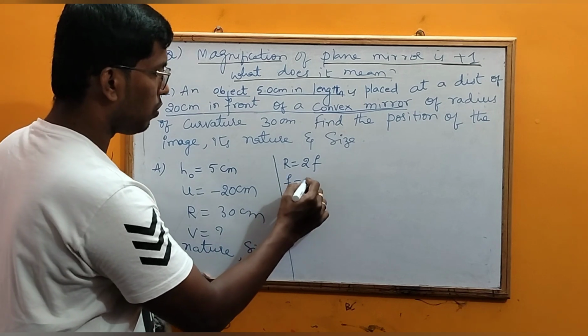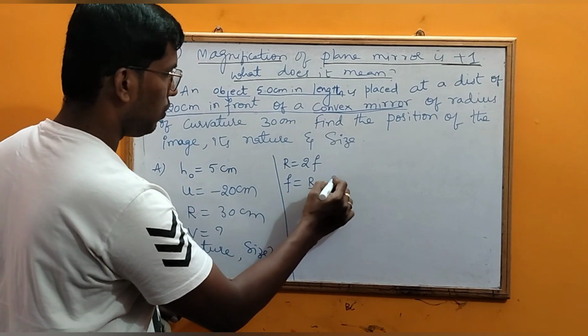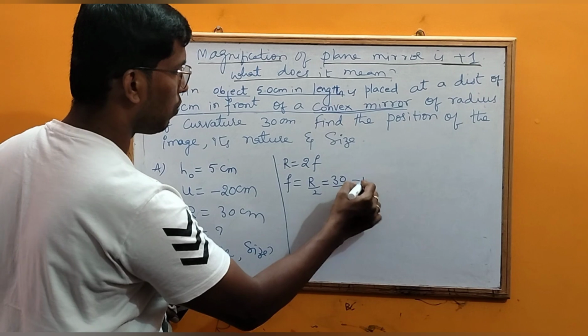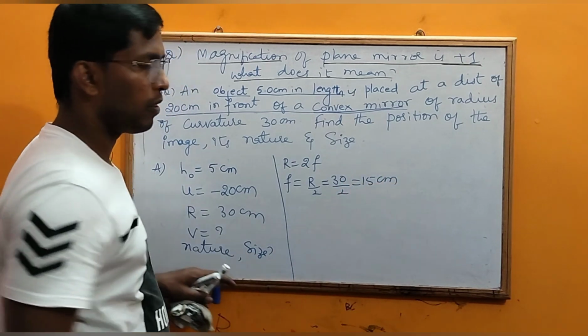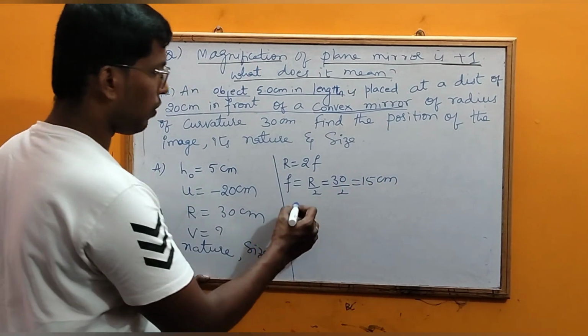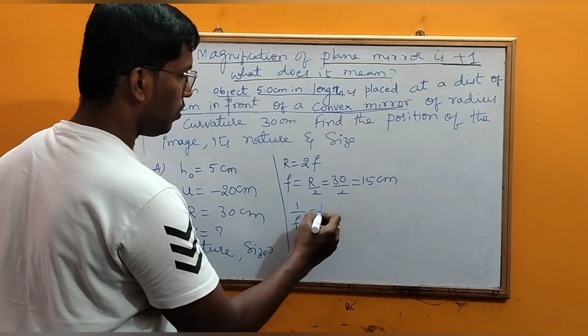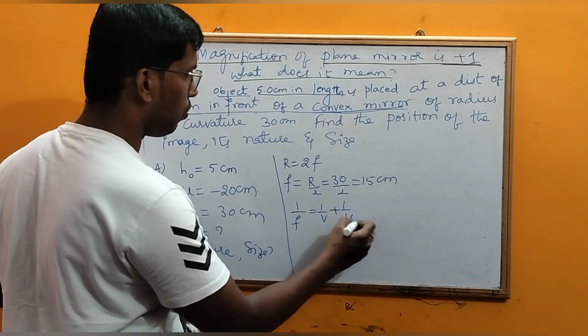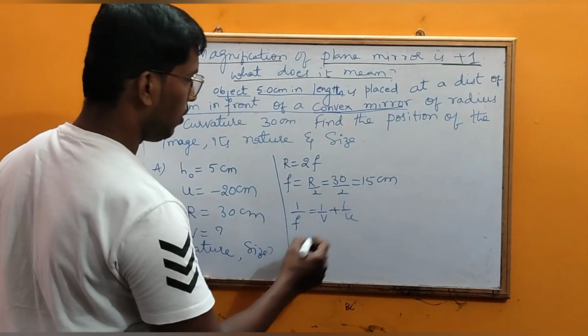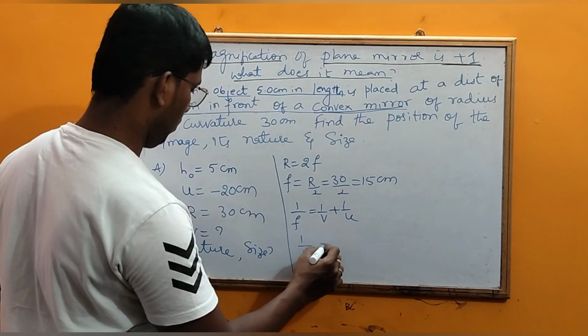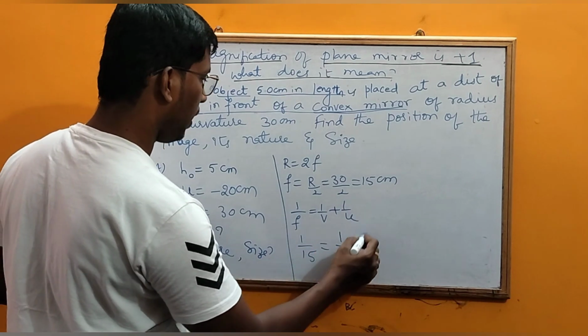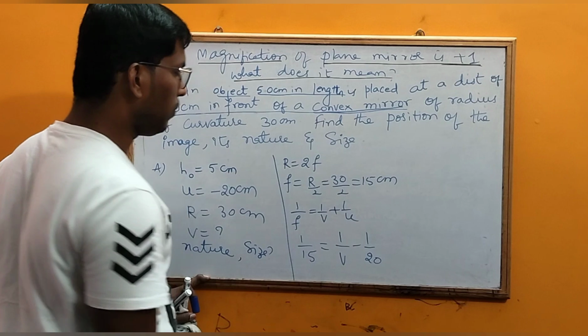F is equal to R divided by 2, which is equal to 30 divided by 2 is equal to 15 centimeters. This is the F value. Substituting in the formula, 1 by F is equal to 1 by V plus 1 by U. What is F value here? 1 divided by 15 is equal to 1 by V minus 1 divided by 20.